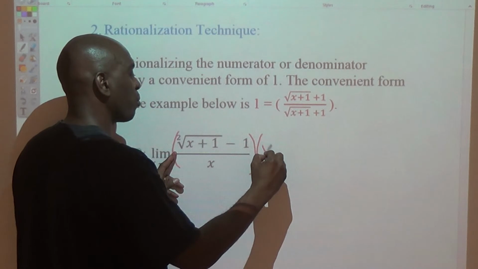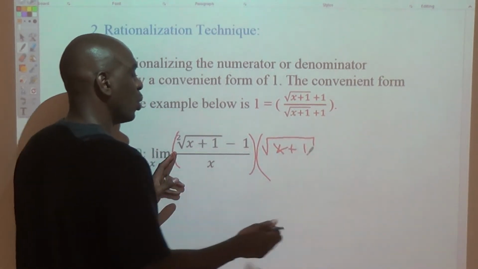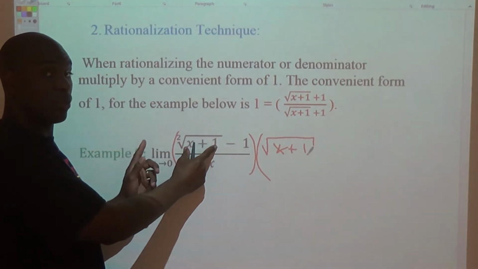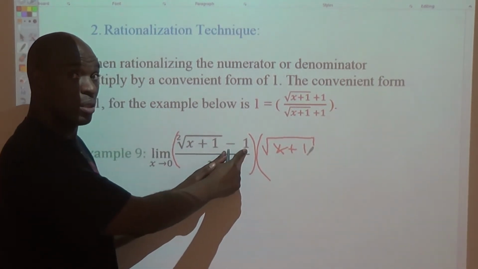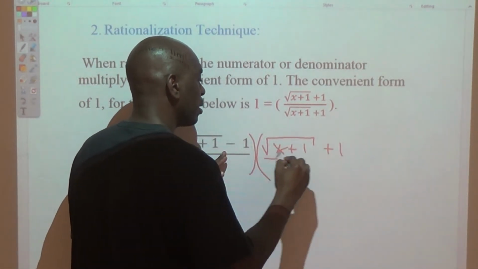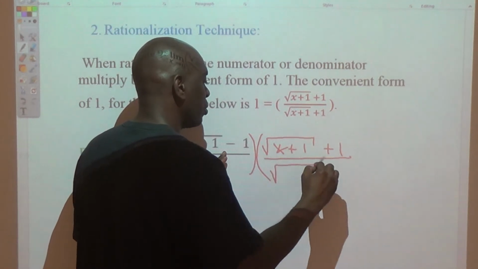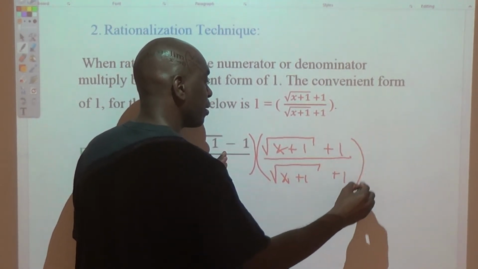So it's going to be the square root of x plus 1. Notice I rewrite the same thing under the radical. The only change is, don't write minus 1. Write the opposite. Plus 1 divided by the square root of x plus 1 plus 1.